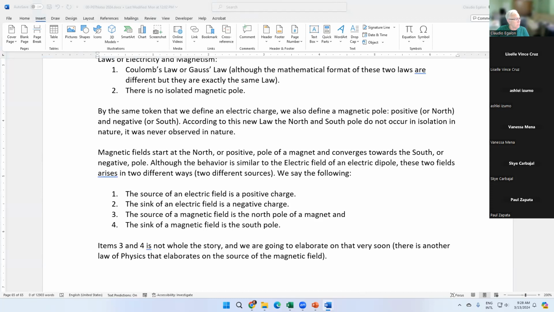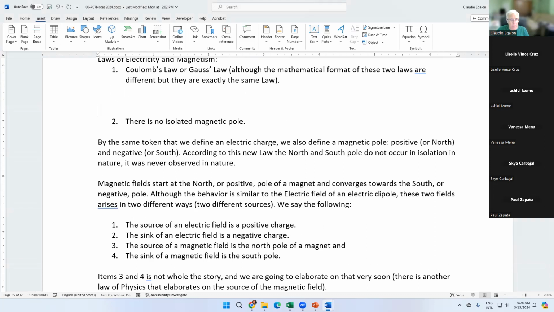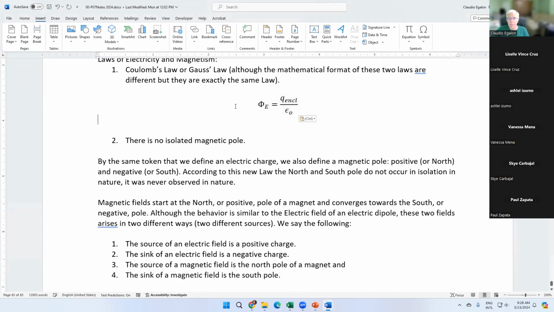One more: magnetic field and force. I'm going to elaborate a little bit more on Coulomb's or Gauss's law. The electric flux is equal to that.